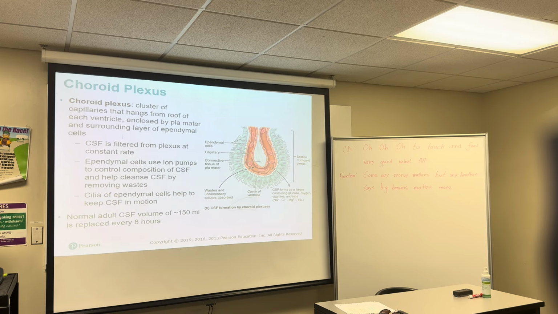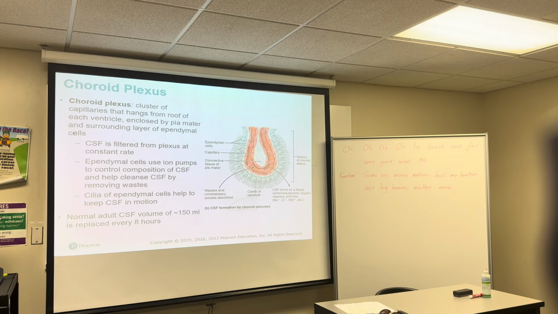Choroid plexus. From that choroid plexus, as you can see right here, the capillaries, the choroid plexus, you have these ventricles lined with this what? Ependymal cell. What is this ependymal cell doing? They're absorbing the cerebrospinal fluid from the choroid plexus. Okay. And then what are they doing?